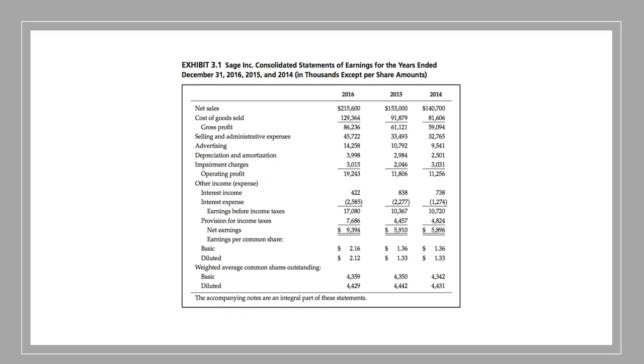All right, this next comes all of the different operating expenses, your selling and administration, your advertising, your depreciation and amortization, and in this case they had some impairment charges, which means that they've written down some asset of some type. Could be capital assets, it could be intangibles.